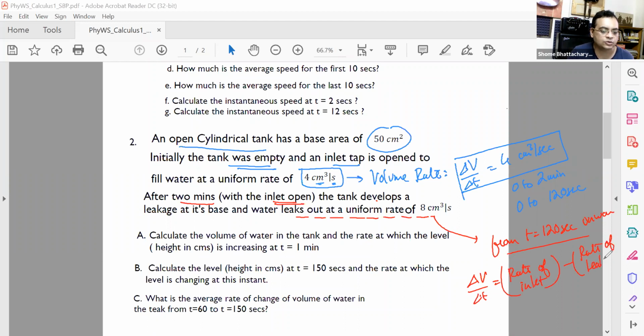Because both the things are happening. The leakage is causing water to leak out. So that means the overall volume of water in the tank is reducing because of the leakage. So that will come with a minus sign, whereas the inlet is filling water. Whereas initially there was no leakage, so the rate of change of volume was just equal to the rate of the inlet. It was the rate at which the inlet pipe was letting in water. Okay. So these two statements are clear, no?